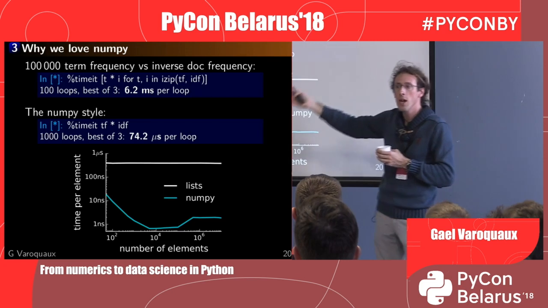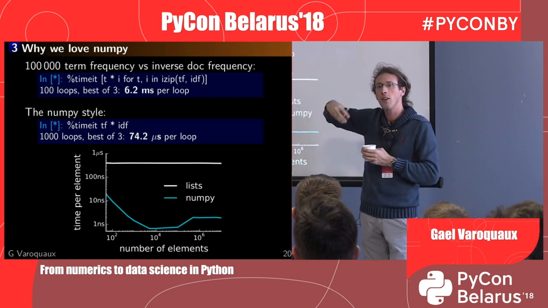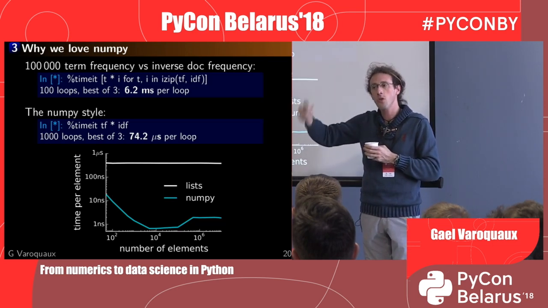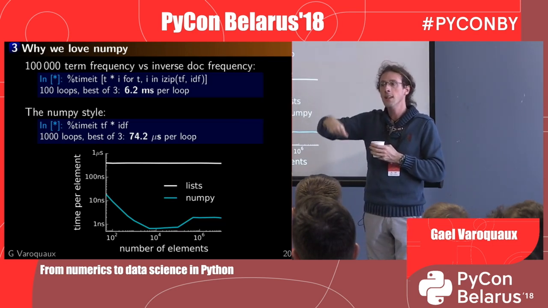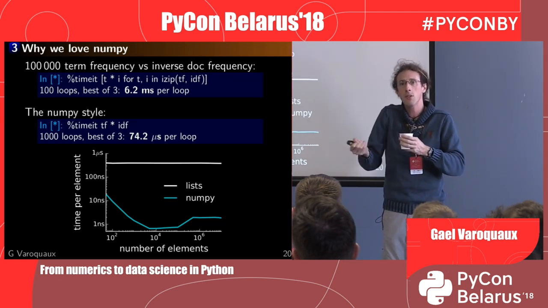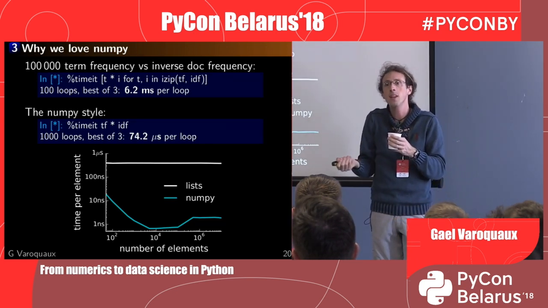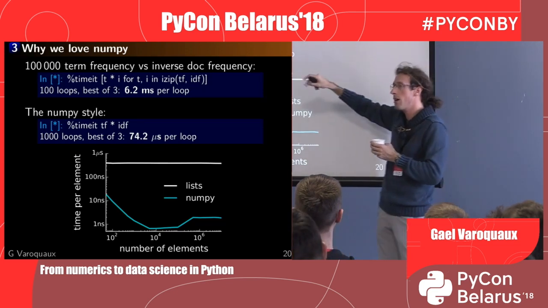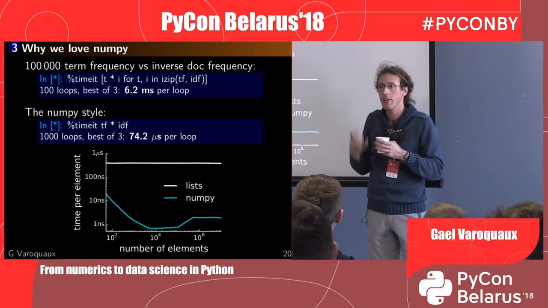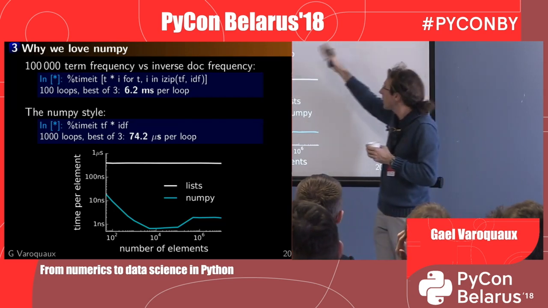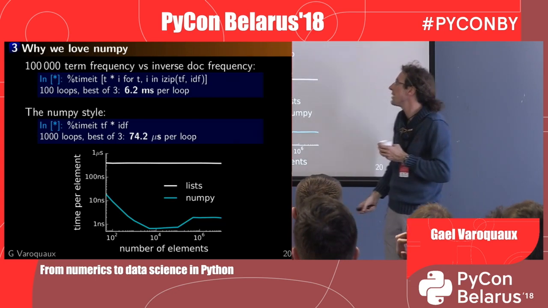Suppose I've stored the inverse document frequency in a list that I call IDF, and I've stored the term frequency in another list that I call T. I need to take every element of those two for every term and multiply the two. I can write this in Python with a list comprehension. This is a very tight syntax. I love it. And in this example, it took 6 milliseconds.